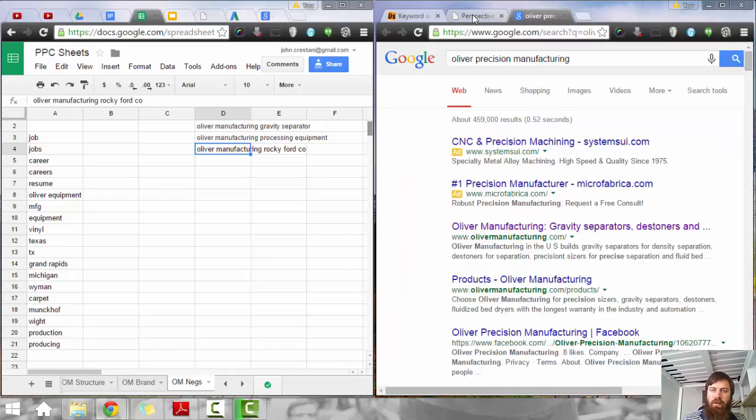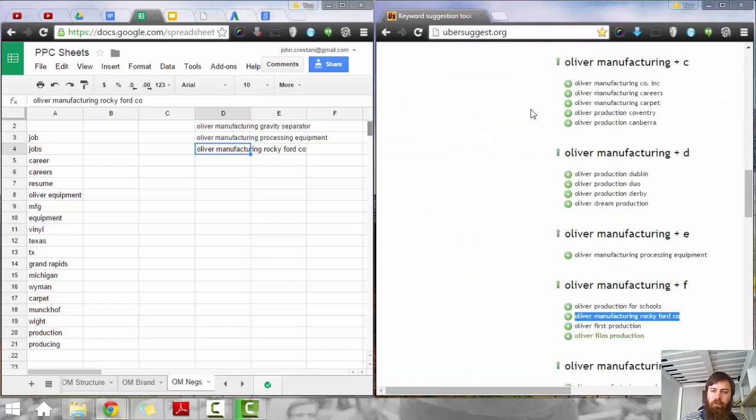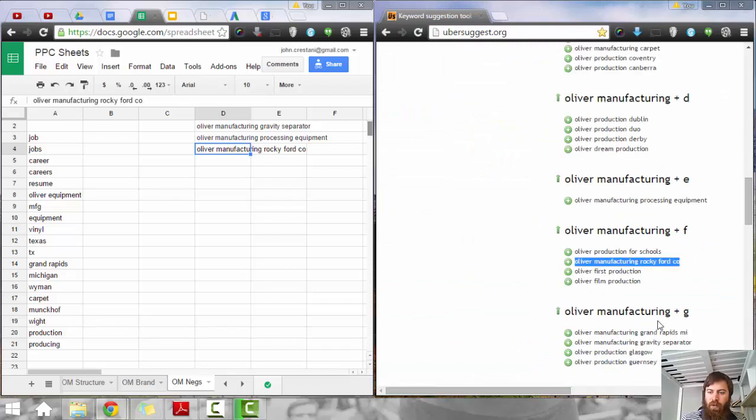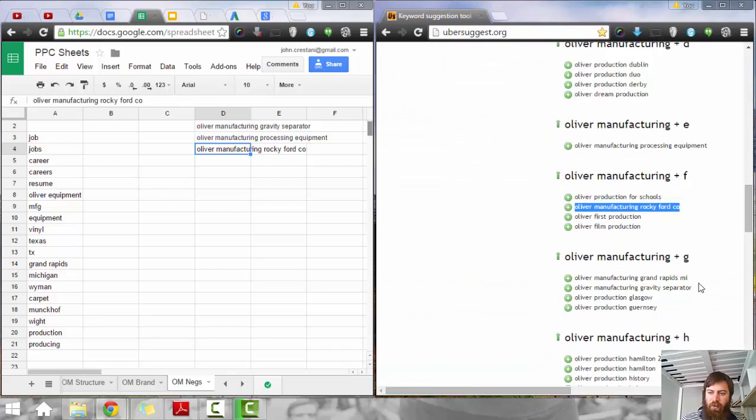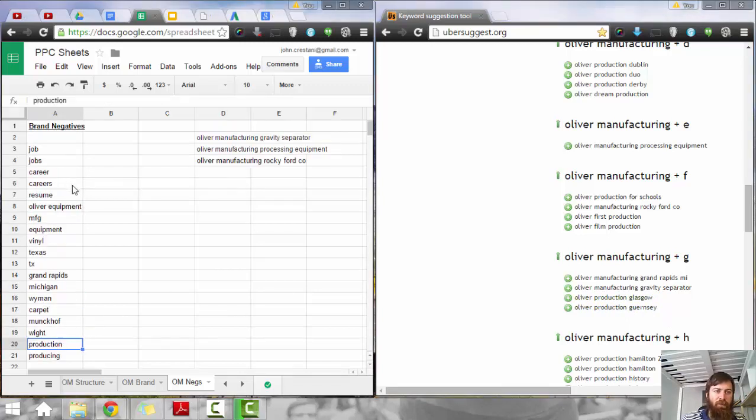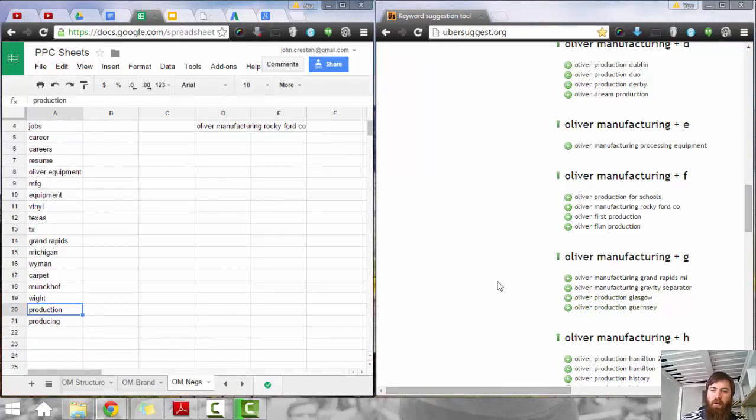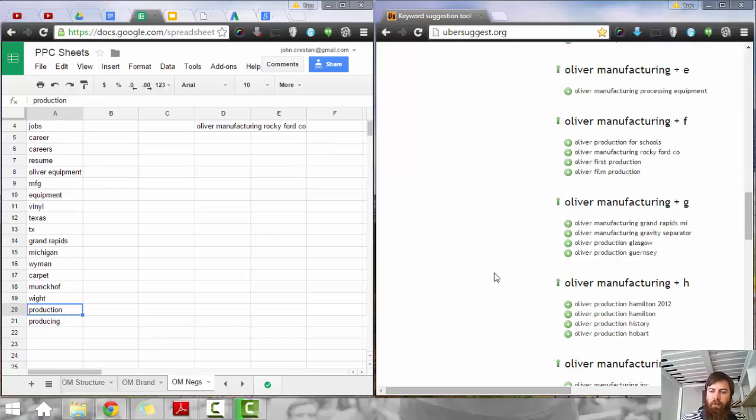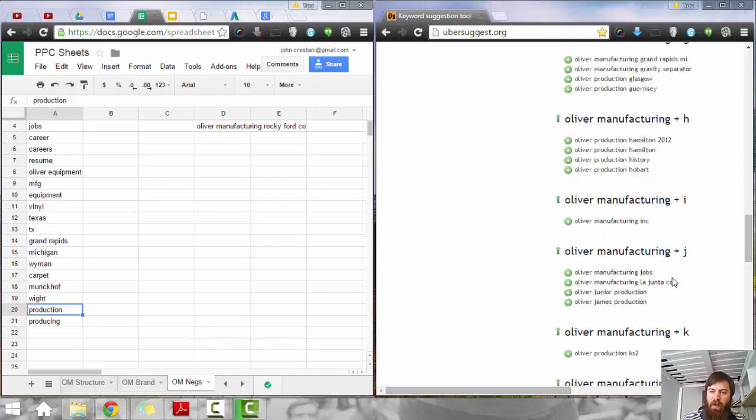Okay, let's get rid of some of these. Oliver First Production, Oliver Manufacturing, Grand Rapids, Oliver Manufacturing Gravity Separator. We already have that there. Glasgow, we already got rid of production, so we don't have to worry about these terms. Notice, since we have production as a negative, Glasgow or Guernsey won't show up. Again, production is negatived out.